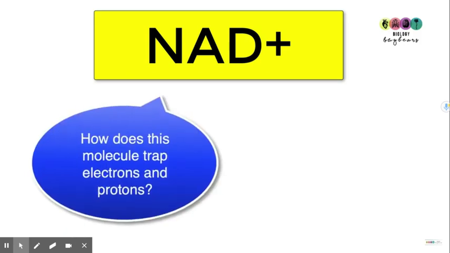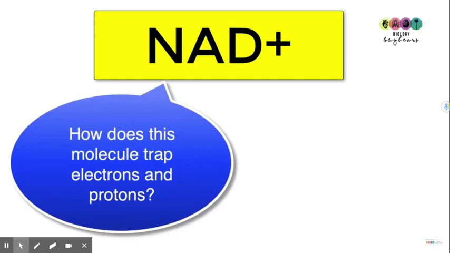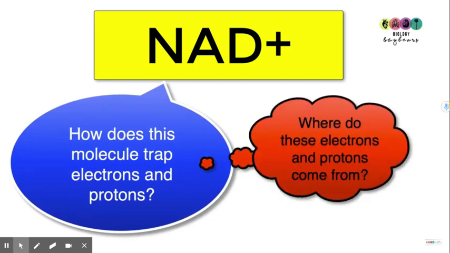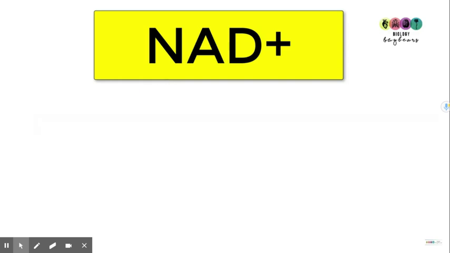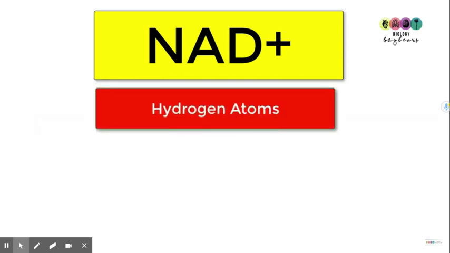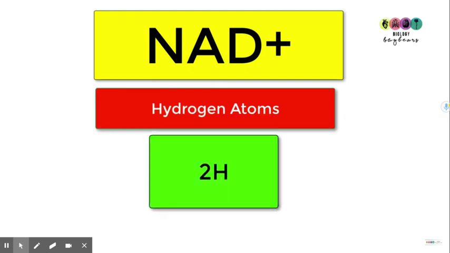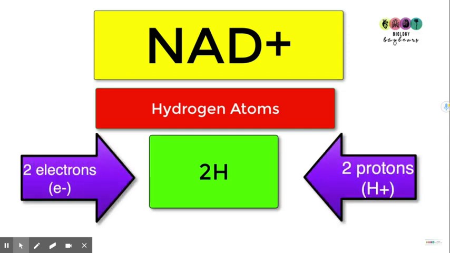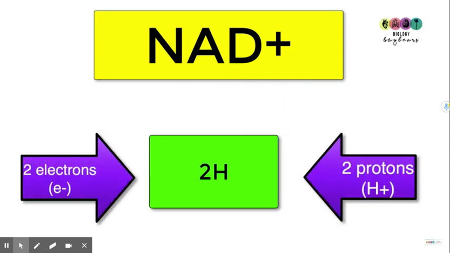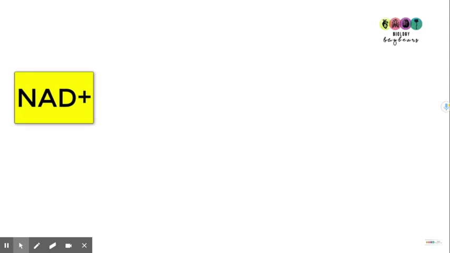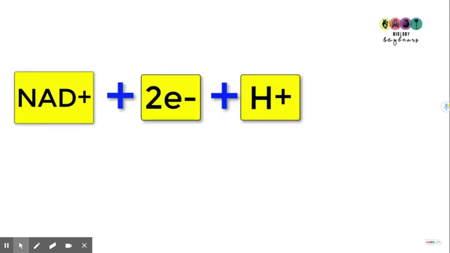It's really important that you know how NAD+ traps the electrons and protons, and where indeed these electrons and protons are coming from. Well, firstly, the electrons and the protons are coming from hydrogen atoms, pairs of hydrogen atoms, and so whenever we consider NAD+ in cellular respiration, we always consider electrons and protons coming from pairs of hydrogen atoms. So the details of this reaction are NAD+ will trap 2 electrons and 1 proton.